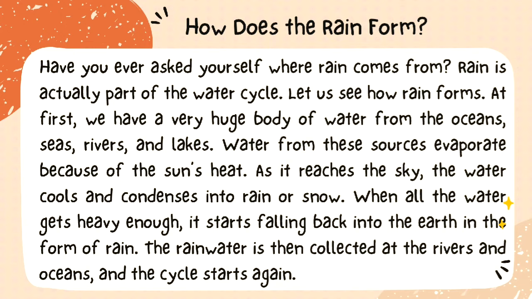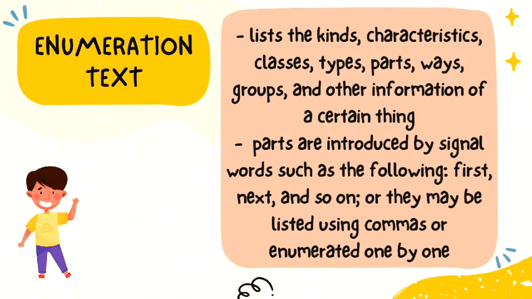So as you will notice in this text, the details are presented in a series of sentences that explain why and how the rain forms. This time we have the enumeration text.